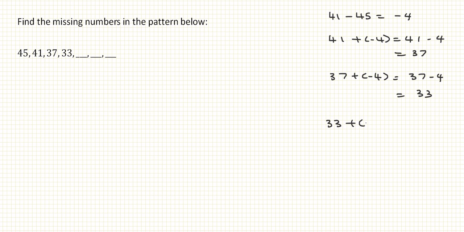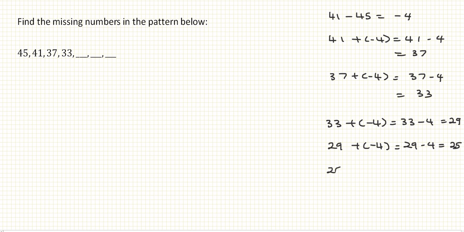33 plus negative 4 should give us 33 minus 4, which is 29. 29 plus negative 4 should give us 29 minus 4, which is 25.